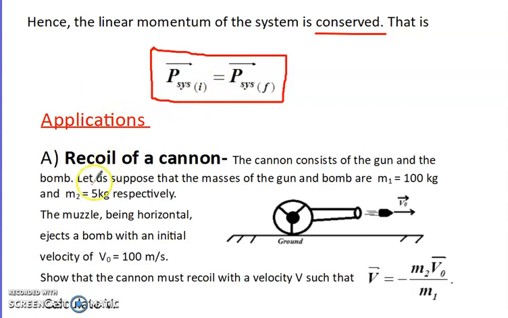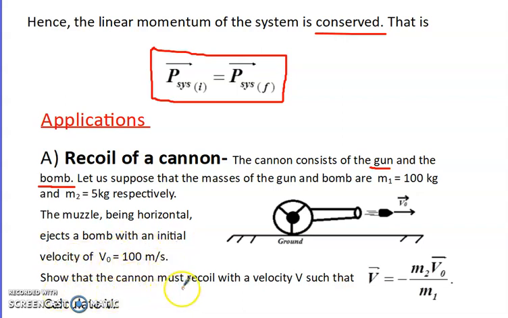First application, recoil of a cannon. Here is our cannon, which consists of the gun, this is the gun, and the bomb. This is the bomb. Let's suppose that the masses of the gun and bomb are 100 kilograms and 5 kilograms respectively. The muzzle being horizontal, just to simplify the situation, ejects a bomb with an initial velocity of 100 meters per second.